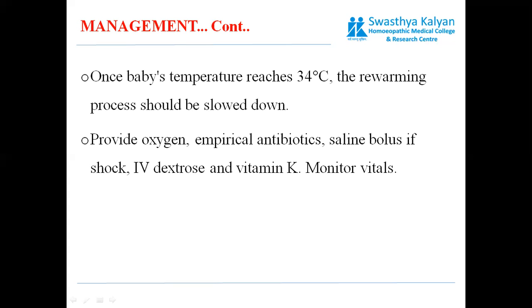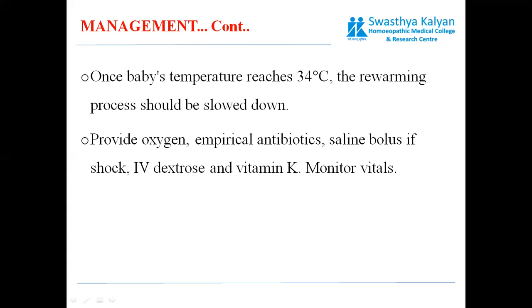Now what happens here? Firstly, we have to remove all the wet clothes, place the baby in incubator, preheated radiant warmers or heated mattress set at temperature of 37-38 degrees centigrade. Then we can use room heaters. Then once the temperature reaches 34 degrees centigrade, the rewarming process is slowed down. Then we have to measure temperature every hour for 3 hours.